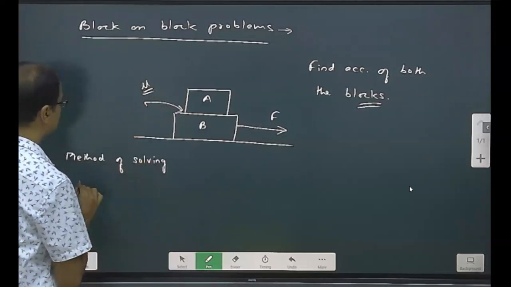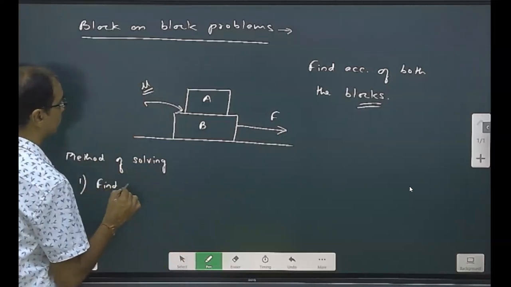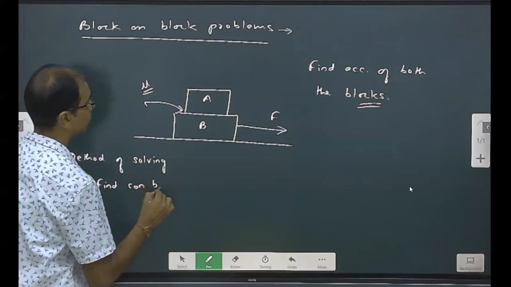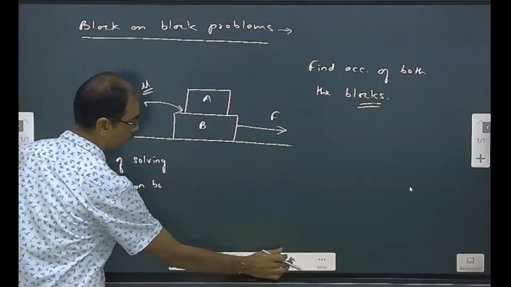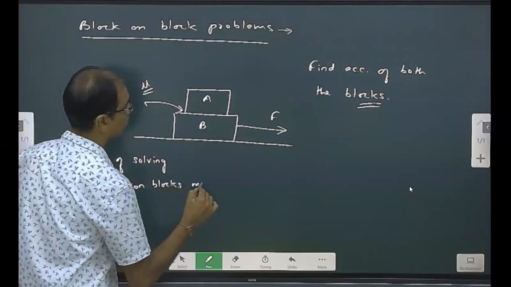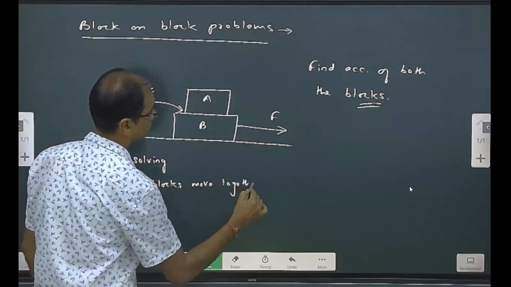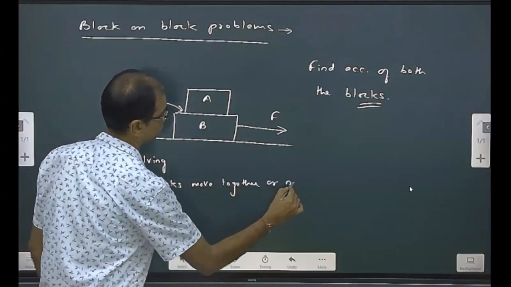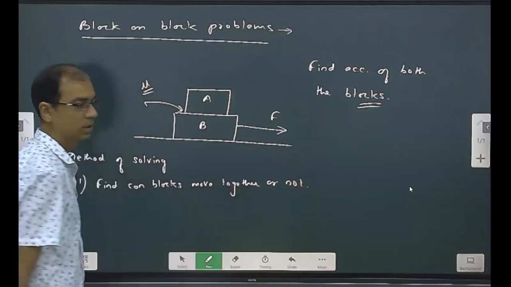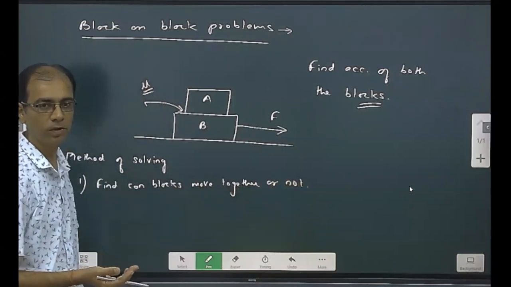The first step is to find, can both blocks move together or not? And this is the first condition. If they can move together, then there is no problem, we'll find it.